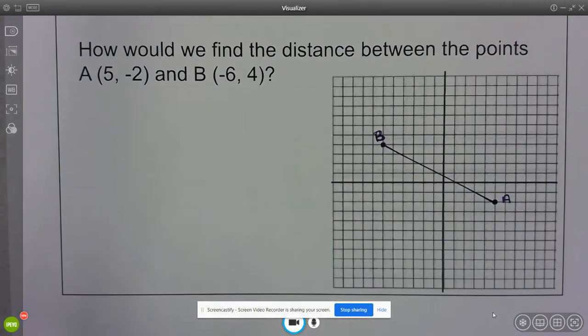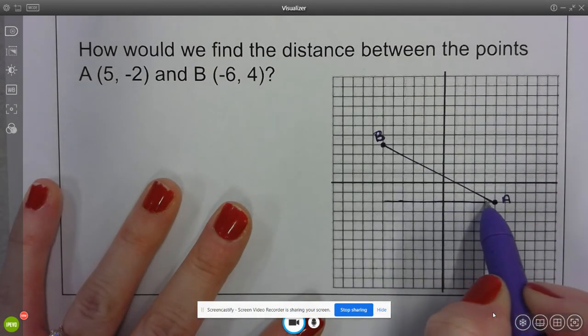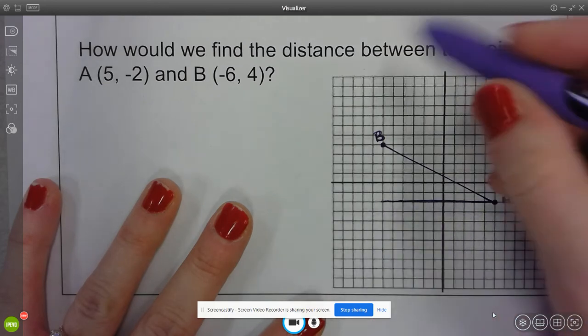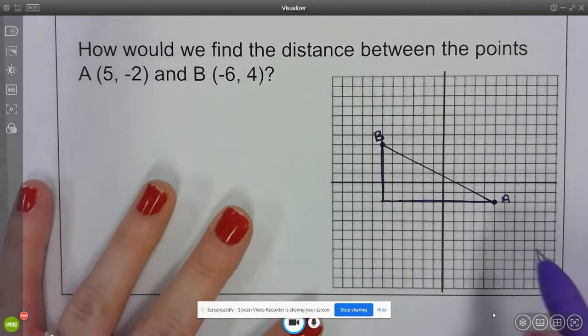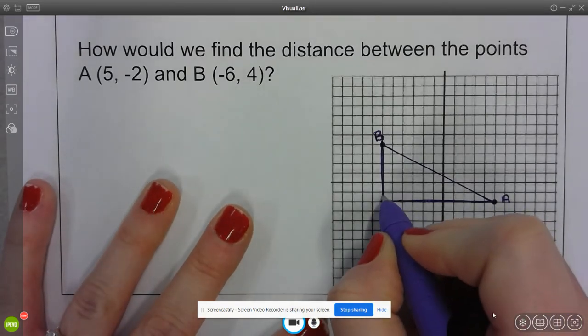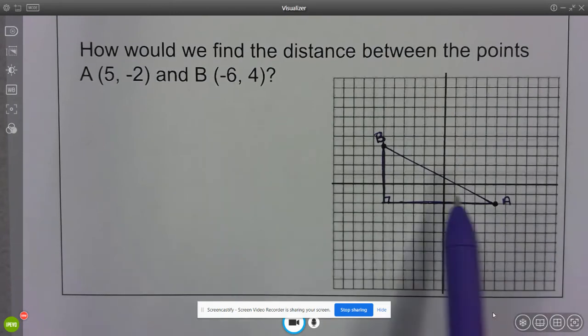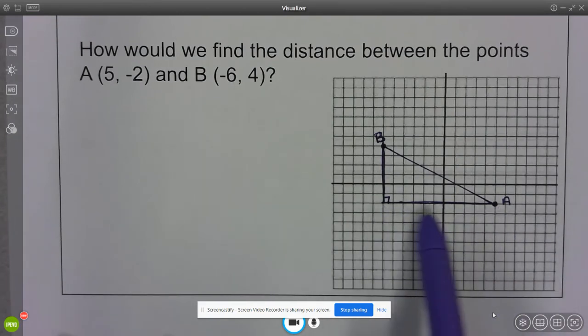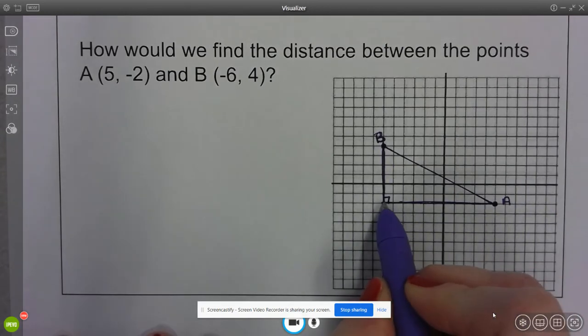What we're going to do is create a right triangle using points A and B. If I force a right triangle to appear on my graph, I can use the Pythagorean theorem. So I need to figure out how far it is on the horizontal leg and how far it is on the vertical leg.